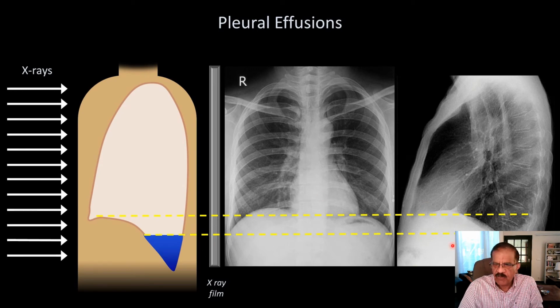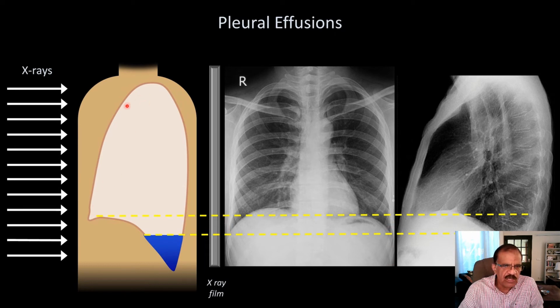Now this X-ray shows you why I told you that a small pleural effusion is best appreciated on the lateral film. If you see this X-ray, the lateral film, you can see this opacity here, but there is no such opacity on these angles.